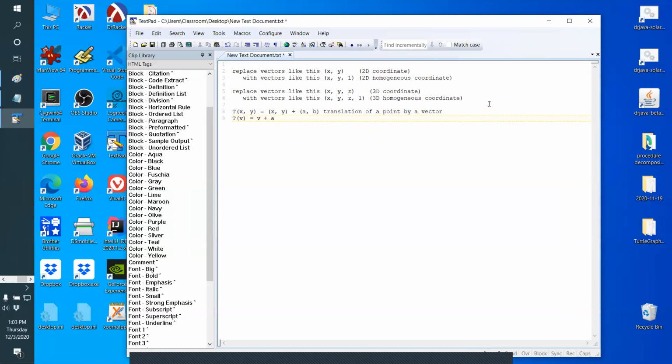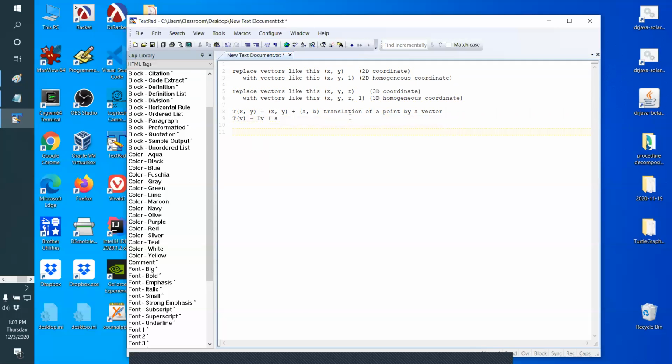Here I've written it in components, and here I've written it in vector notation. There's the affine. If I wanted to put a matrix in there, there's the identity matrix. So it's I times v plus a. So this is the affine case.